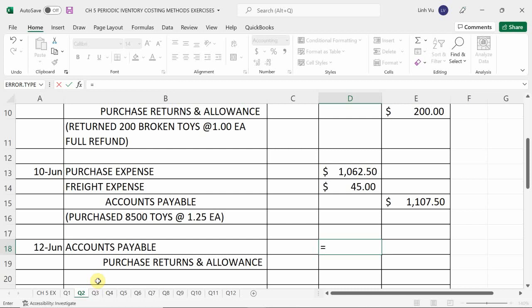You can't discount something that is correct, because they correctly sent it to you. You're just having issues with this one because these are 50 items that were the wrong color. So in this case, I can only take the discount off of the 50 items that I purchased. So how do I calculate this?